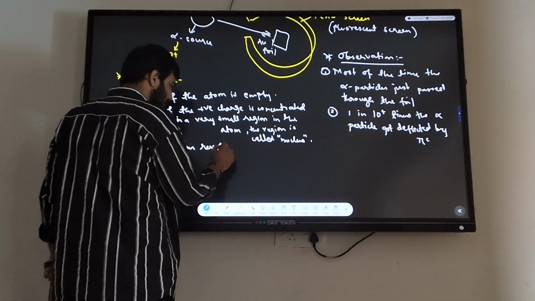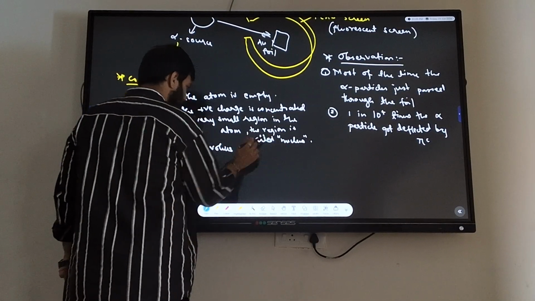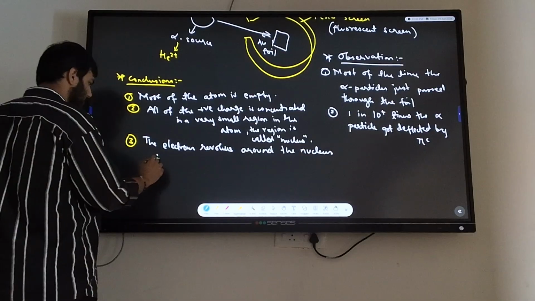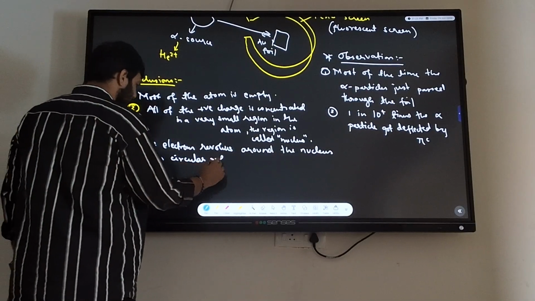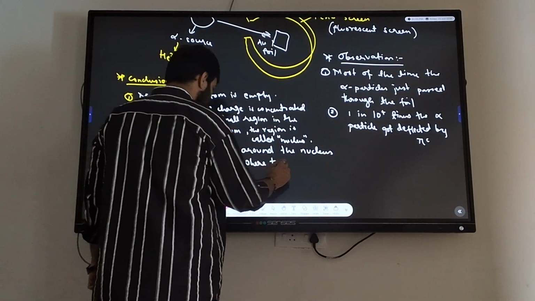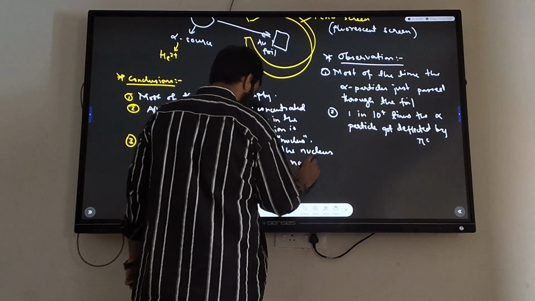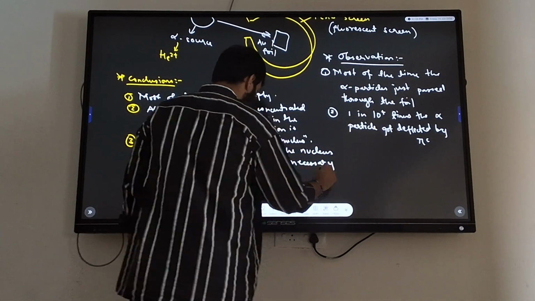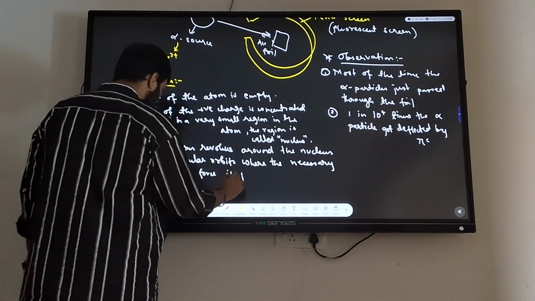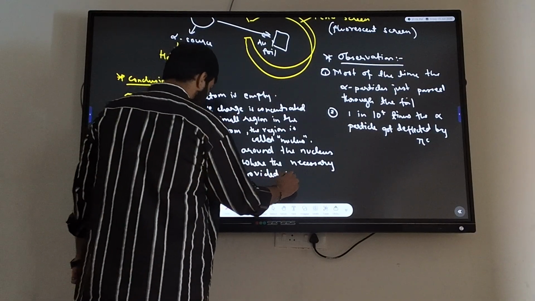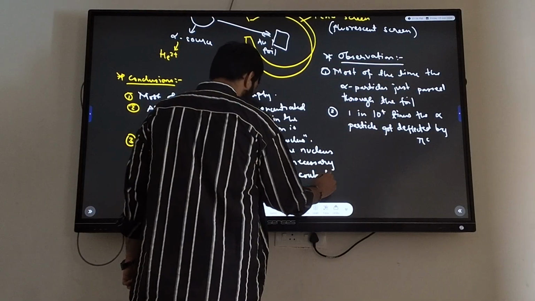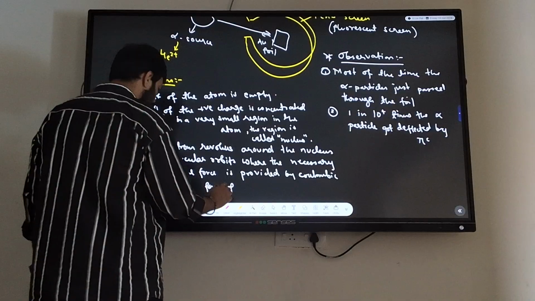The electron revolves around the nucleus in circular orbits where the necessary centripetal force is provided by electrostatic or Coulombic force of attraction.